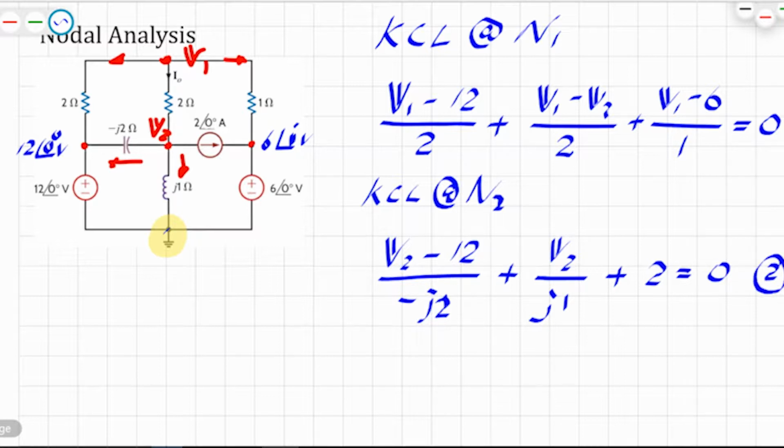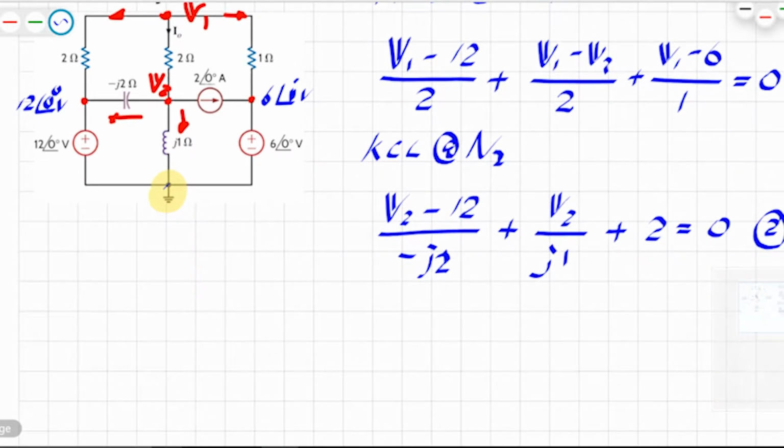So now you can see equation 1 and equation 2 both involve V1 and V2, and we can simplify, isolate V1 or V2 and solve them. Let's look at equation 1 and clean that up. We can combine the like terms. So we have 1/2 plus 1/2 plus 1, that's V1.